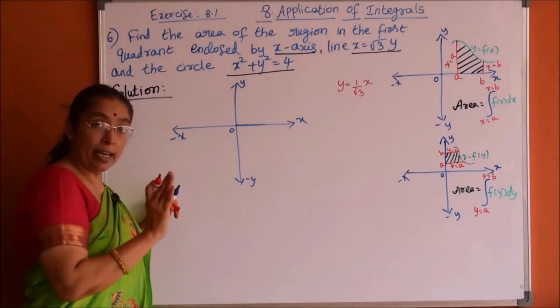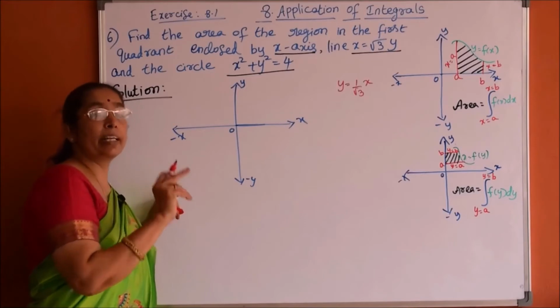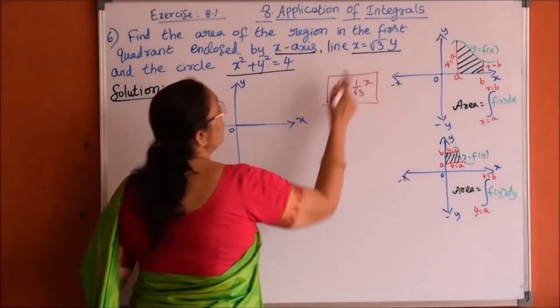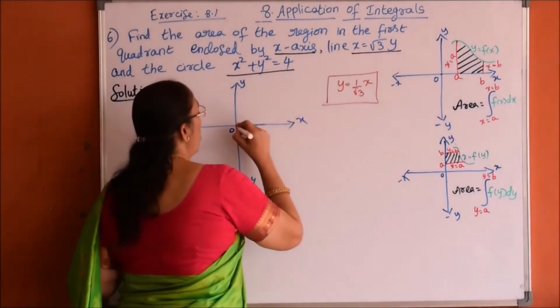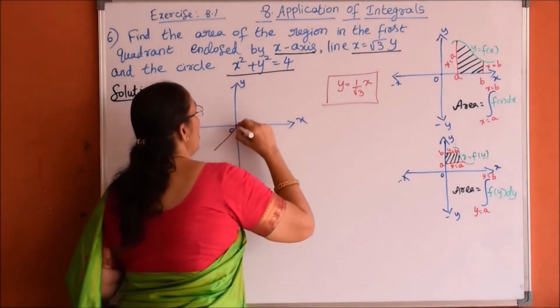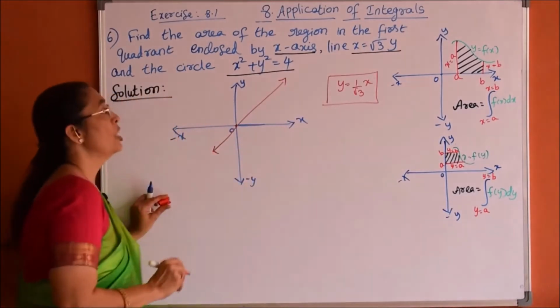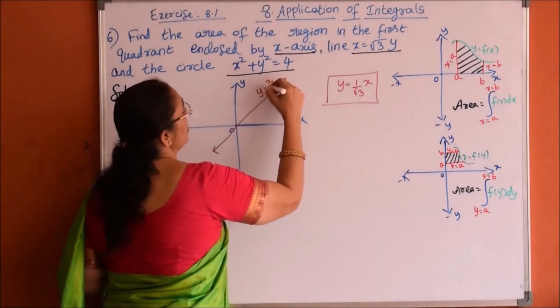So the straight line passing through origin making an angle of 30 degrees with the positive direction of x axis. So this is the line y is equal to x by root 3.